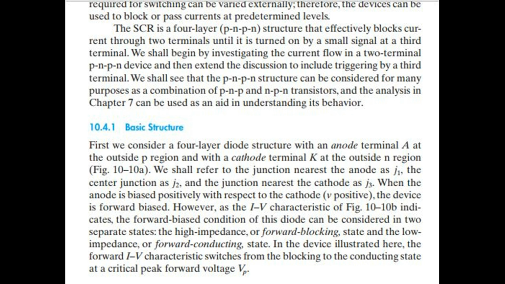However, as the current voltage characteristic of Fig 10.10b indicates, the forward biased condition of this diode can be considered in two separate states, the high impedance, or forward blocking, state and the low impedance, or forward conducting, state. In the device illustrated here, the forward current voltage characteristic switches from the blocking to the conducting state at a critical peak forward voltage Vp.